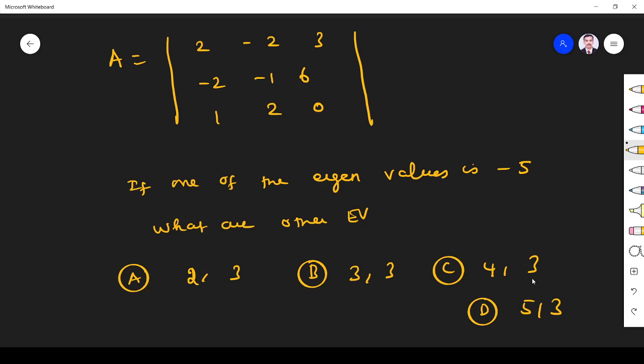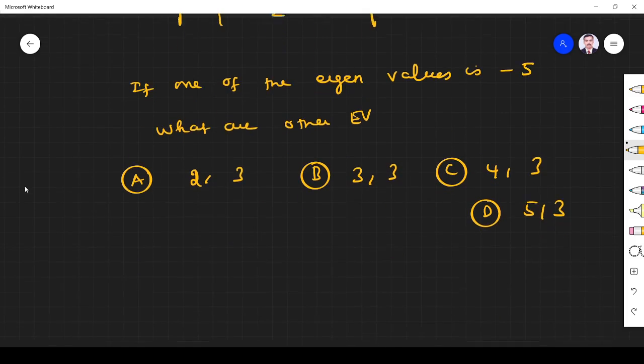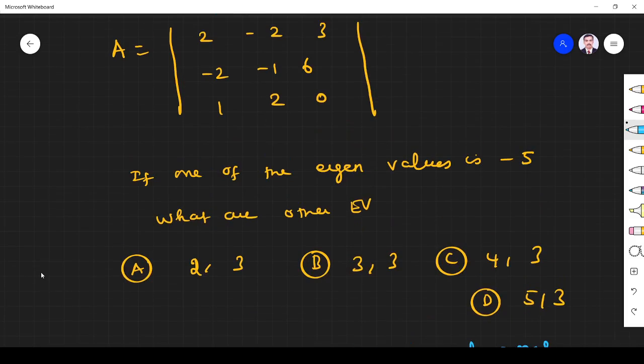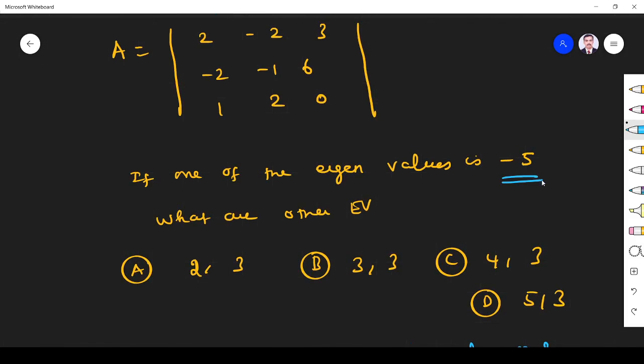How to find? One of the main properties of eigenvalues is that the sum of eigenvalues is equal to the sum of diagonal elements. This is the important property of eigenvalues. We know one eigenvalue is minus 5. The sum of diagonal elements is 2, minus 1, plus 0, that is 1.